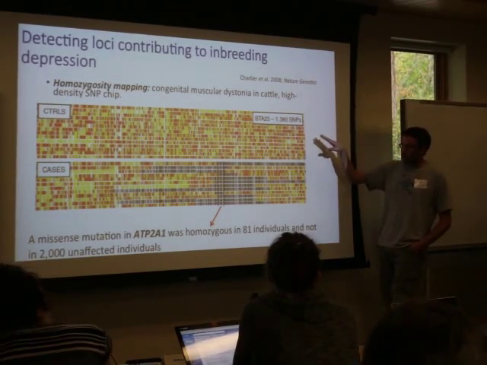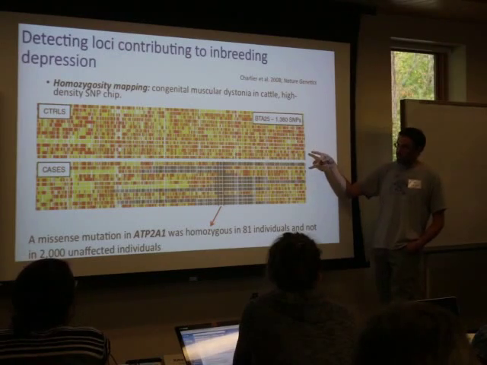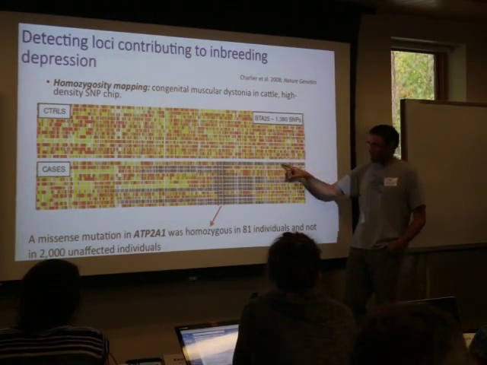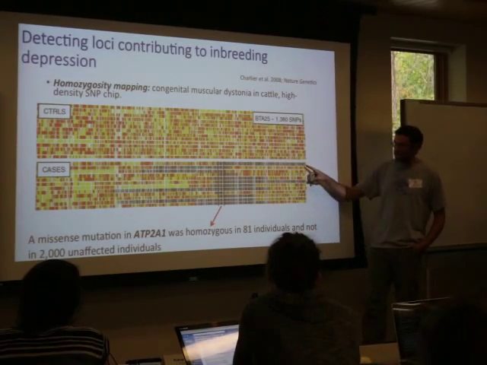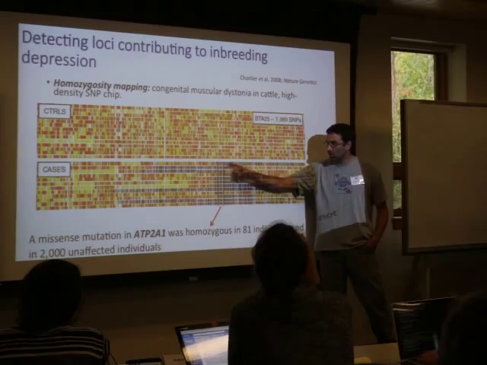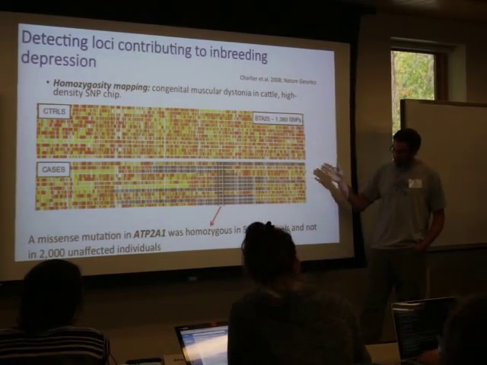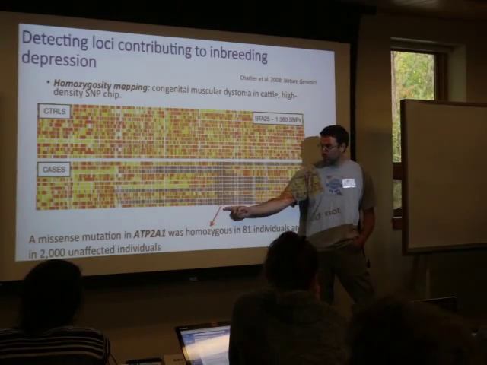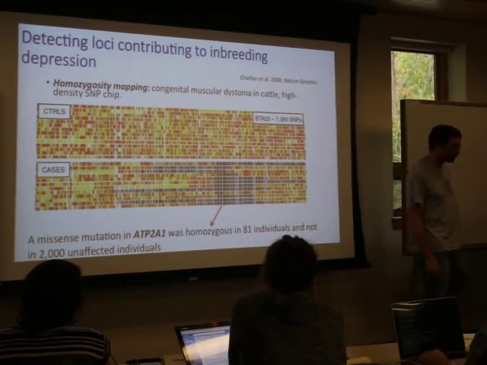Basically, they looked at the genome and identified this chromosome as being important. In the cases, they identified IBD segments where the gray and black bars are. Every affected individual was IBD for this chunk of this chromosome for the same haplotype.